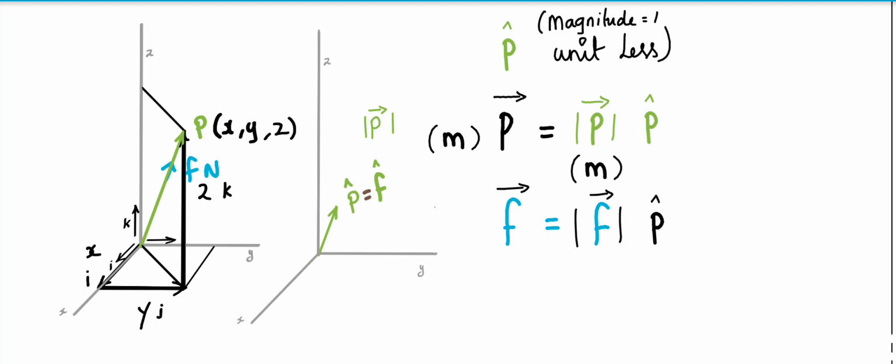I substitute P cap into magnitude, and that gives me this force vector. So this way, if a force acts along a line, the force will have the same direction as that of this line, so you can take that as a rope.